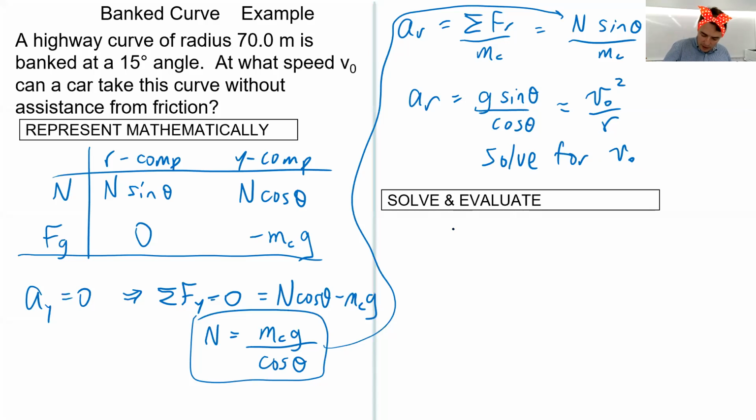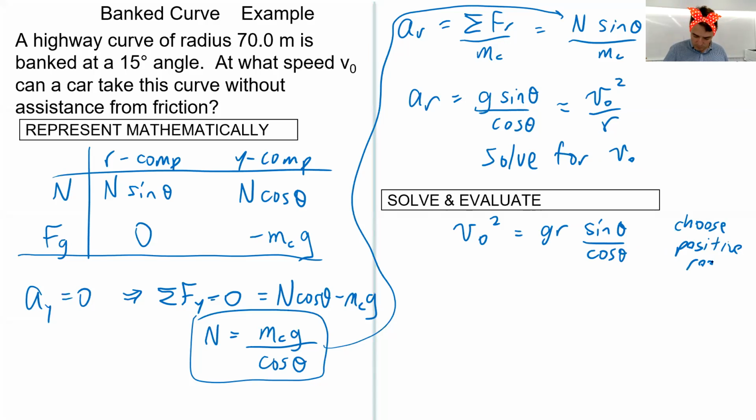So I get that V0 squared is equal to g times R times sine theta over cos theta. I'm going to choose the positive root because you can't have a negative speed.